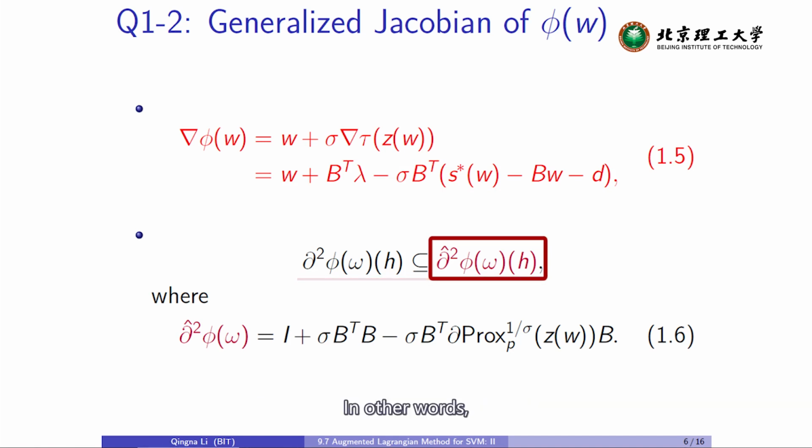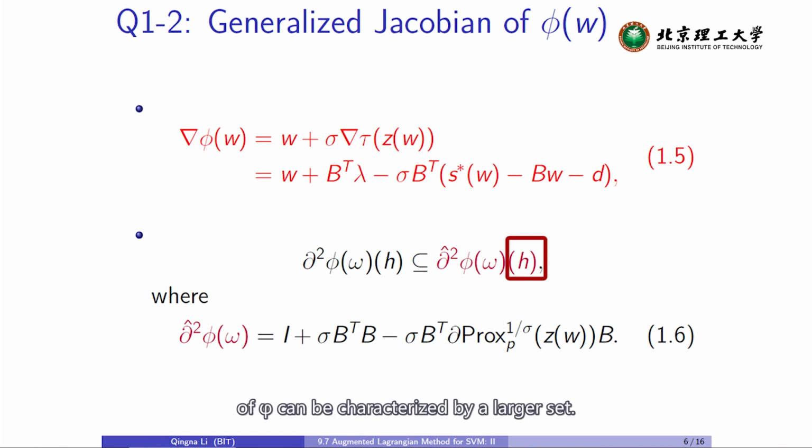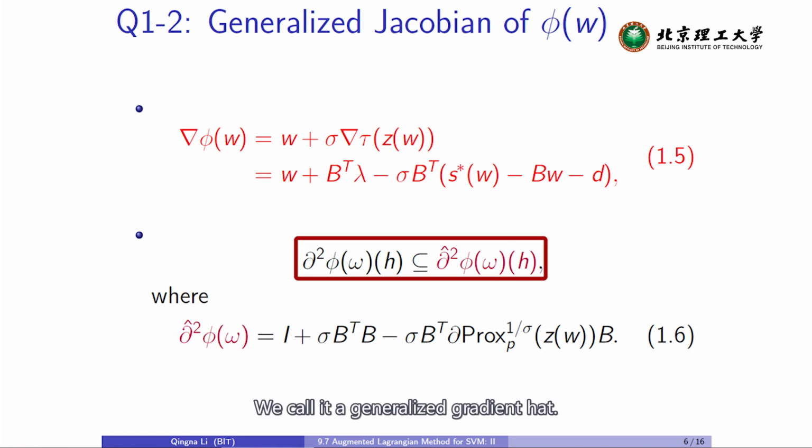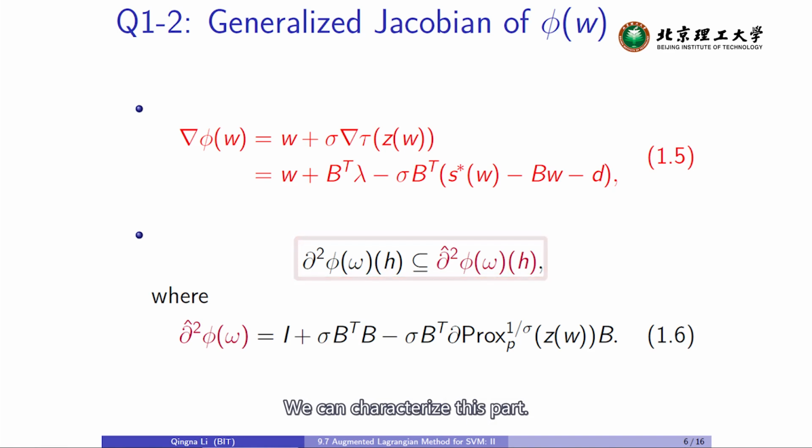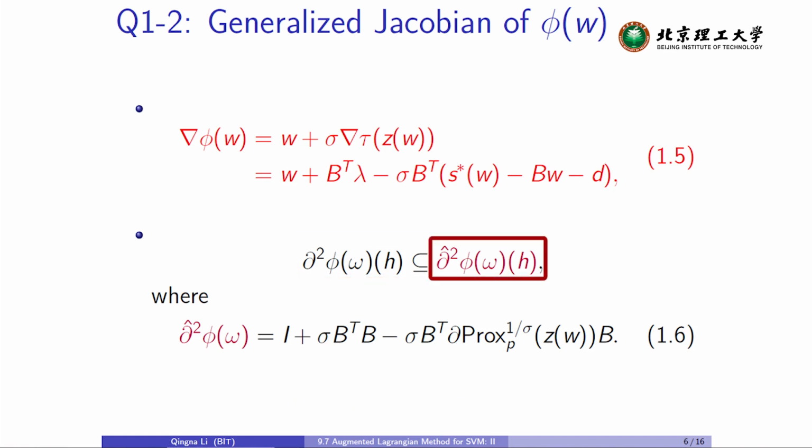In other words, when multiplied by a vector h, the generalized Jacobian of phi can be characterized by a larger set. We call it the generalized gradient hat, okay? For this larger set, the formula is like this, okay?